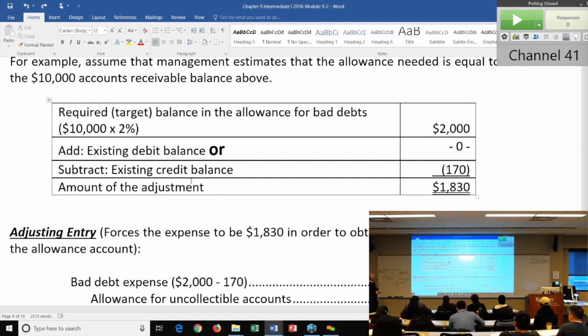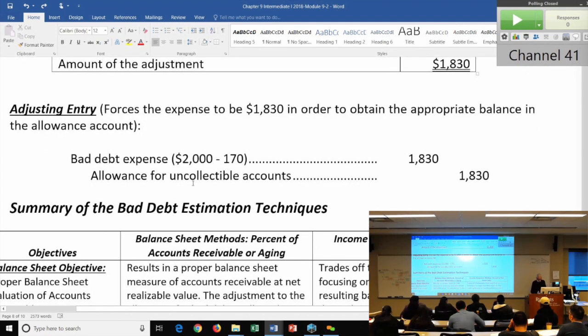Based on the existing credit balance, the adjustment we need is 1,830. Once again, the expense is forced to get the allowance balance that we're looking for. So you debit bad debt expense, and you credit the allowance for uncollectible accounts.